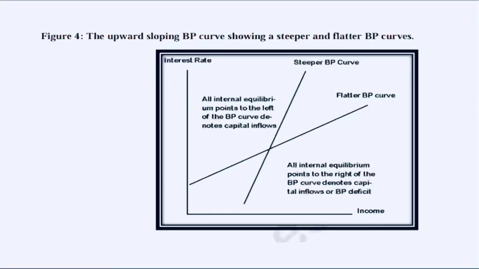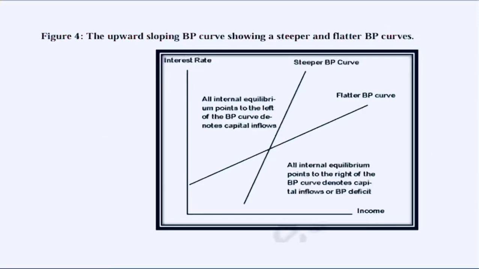As shown in this graph, these are all imperfect capital mobility reflections in the BP curve. You have the steeper BP curve, then you have the flatter BP curve. For both curves, all points to the left show points of capital inflows or BP surplus.